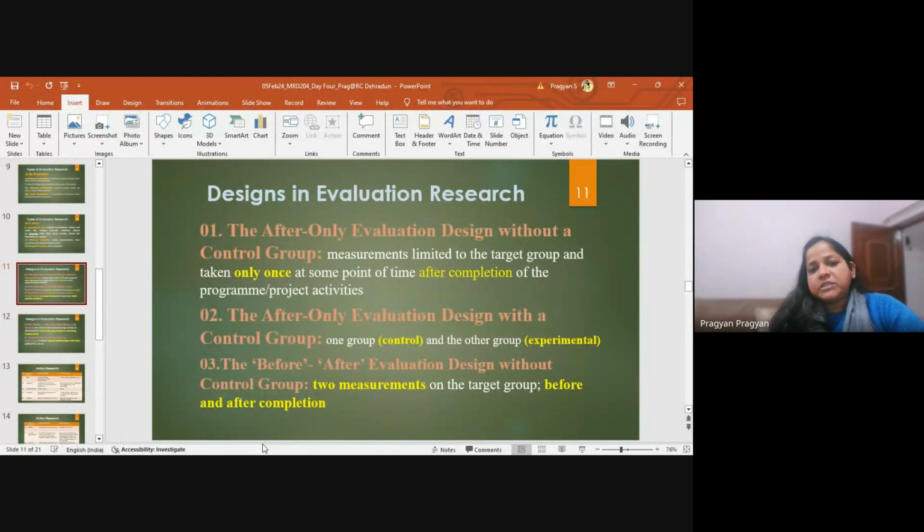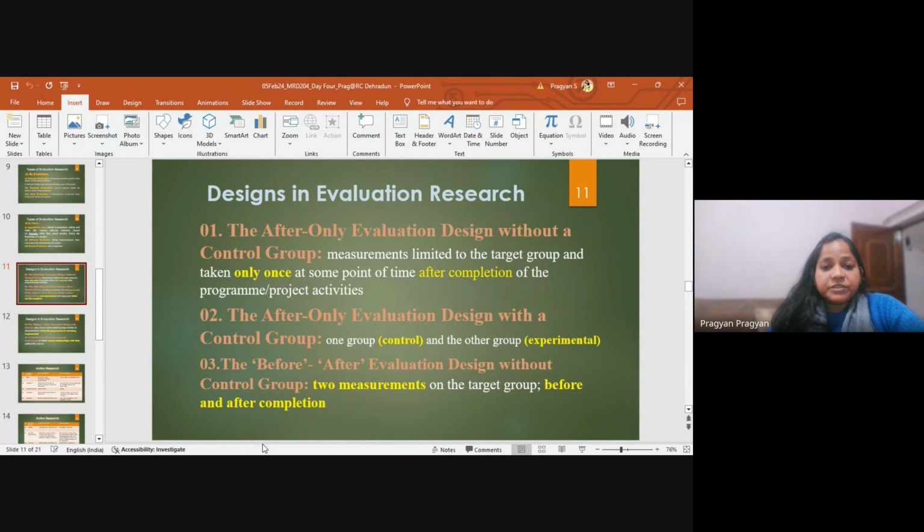So the first is the after only evaluation design without a control group. That means in this we are going to measure the target group only once, and that point is only after completion.